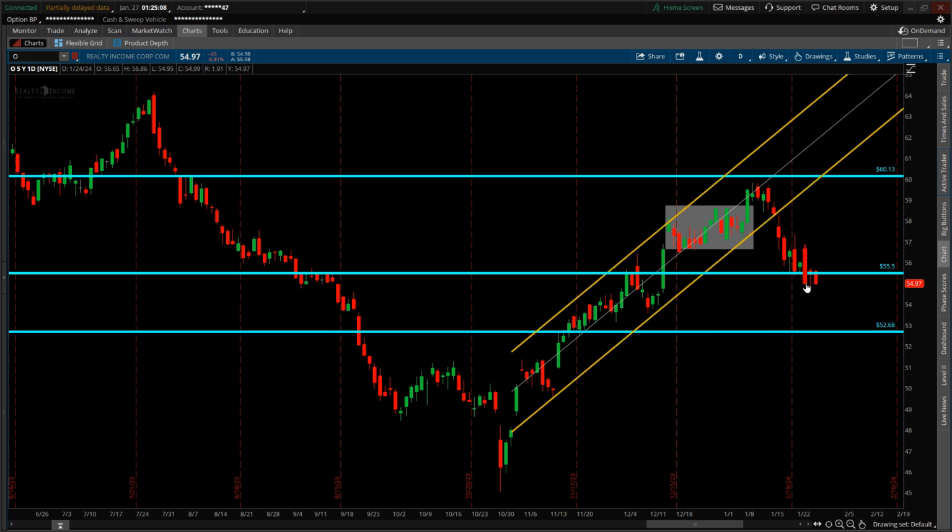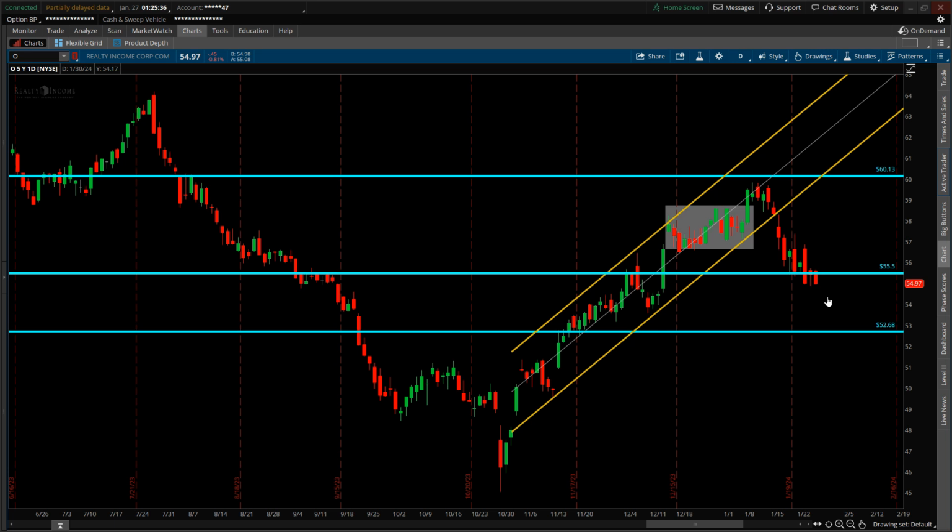So I'm anticipating that as price comes down, I think this would be an area, if there's still time remaining in the life of this trade, where I would close out the position as price approaches 52.68. So overall, since the January 8th recording, this stock price has lost about $4.50 to the downside in that same 2-week span.